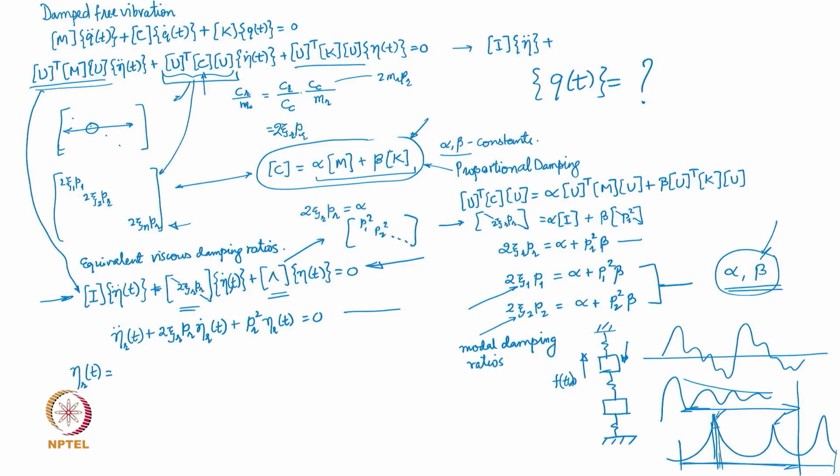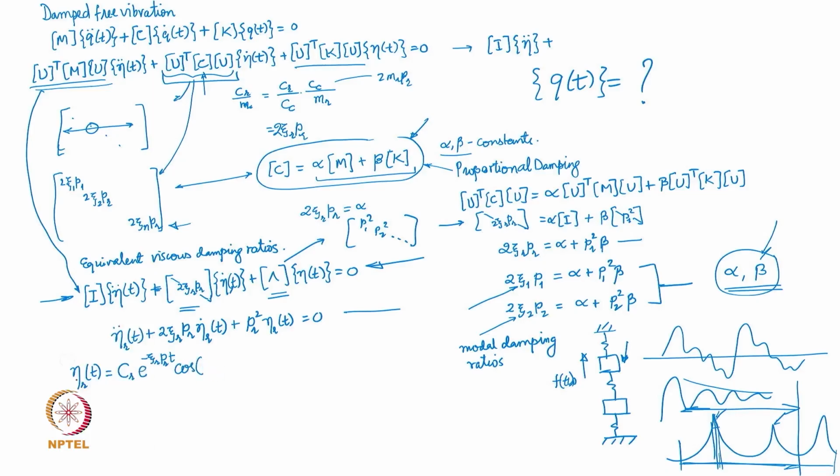How do you write that? We wrote this as some coefficient, capital X we used to write, for a single degree of freedom system. It has to decay over a period of time. This is the exponential decay term which keeps reducing the amplitude every cycle, and of course it has to have a harmonic response.